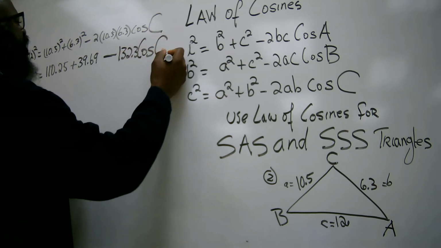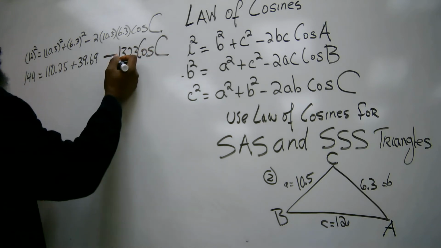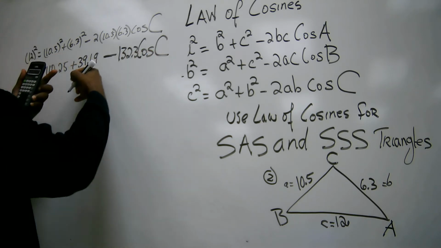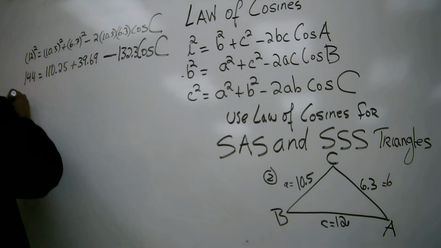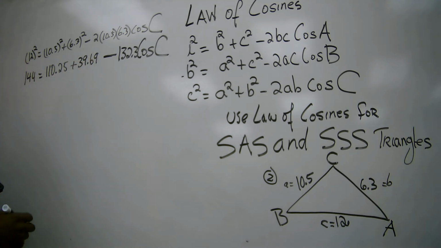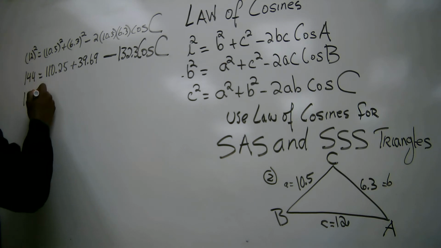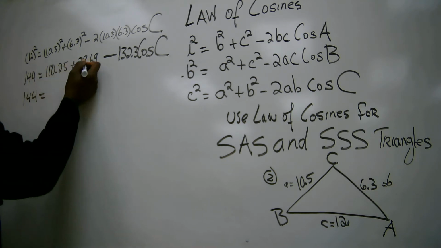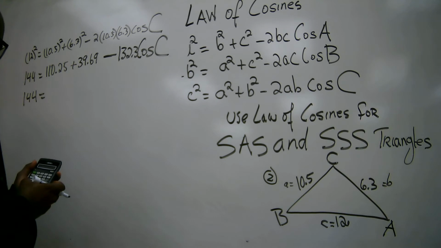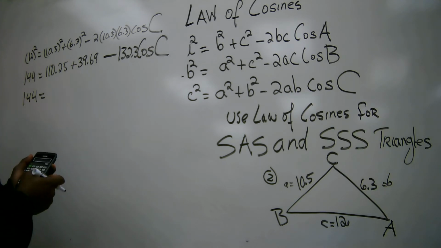Remember, this is your variable. Do never subtract this. Now you need to add those two numbers and subtract it from the other side. That is tricky when you're using law of cosines. So you have 144 equal, then you're going to add those two numbers, 110.25 plus 39.69.